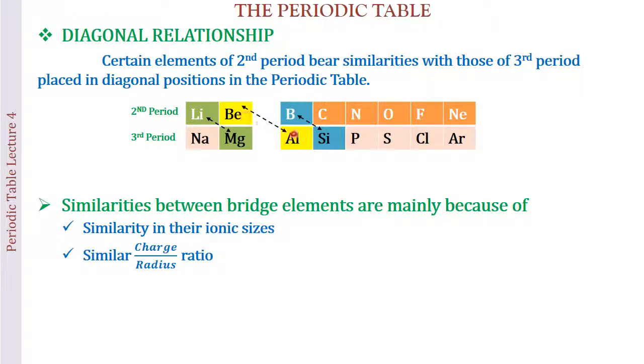Then beryllium and aluminium, boron and silicon, you will find that they have quite similar properties, which is because of the similarity in their ionic sizes and the similarity of the charge to radius ratio. What all this means is going to come further in the course. I am not discussing it right now, but you can remember that this diagonal relationship is also present in the periodic table.